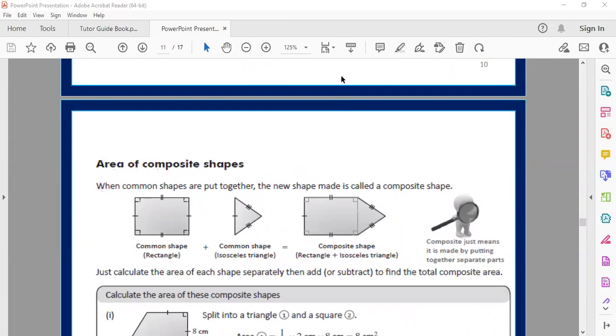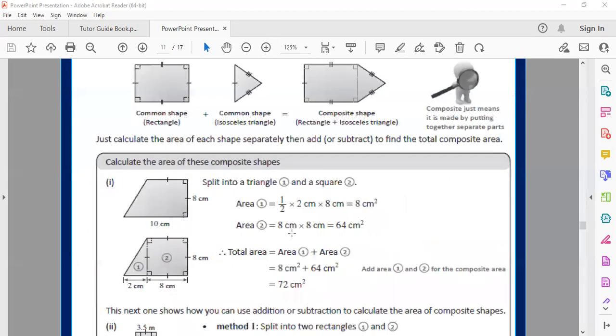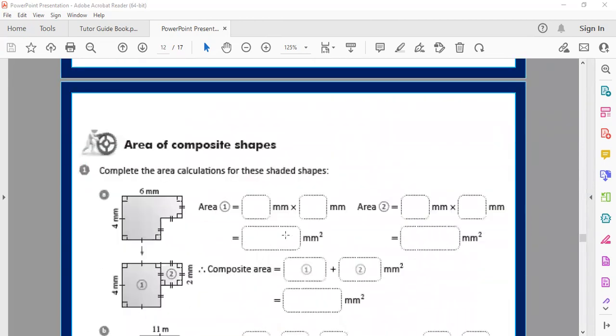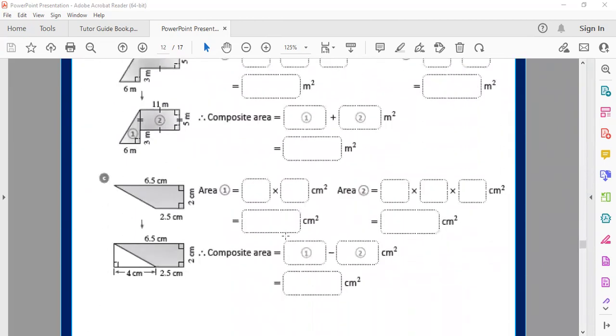Composite is 2 shapes joined together. If I have a rectangle and a triangle, I join them up, I get a composite shape. How do I find areas for these kinds of shapes? Again, a little bit of notes and then questions.